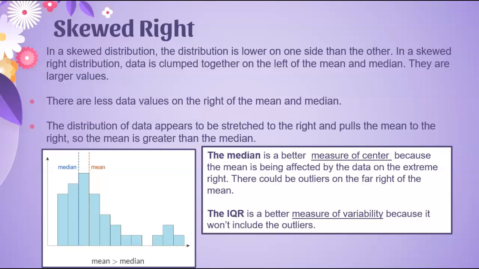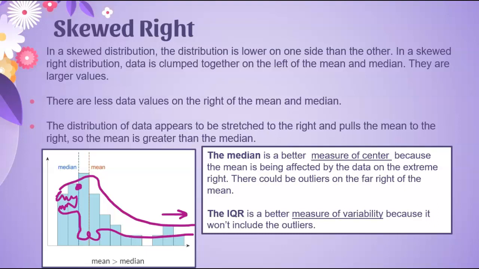Okay, the mean is being pulled to the right. So this looks like a dinosaur with his tail out here. His tail is going toward the right. So that's why we call it skewed to the right.